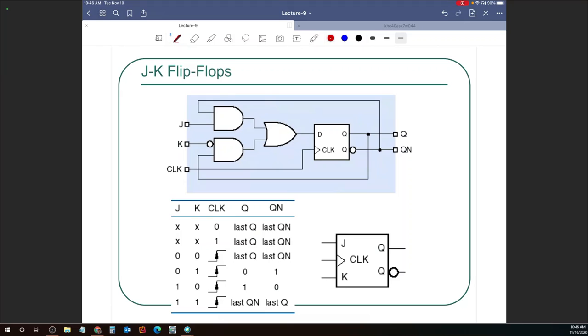So this answers the question: how to design a JK, a jump kill flip-flop, using a D flip-flop. And this slide answers that. But I want to actually prove this result right here. So we are going to do that.